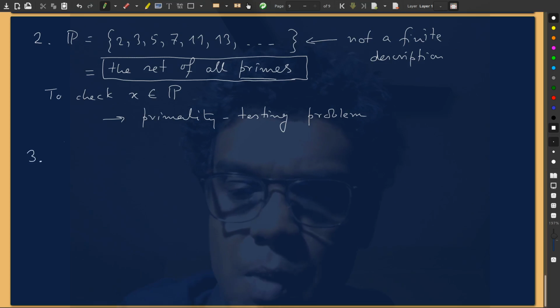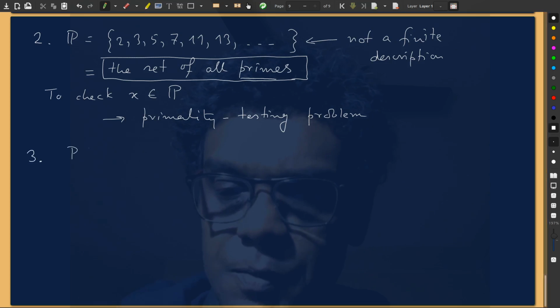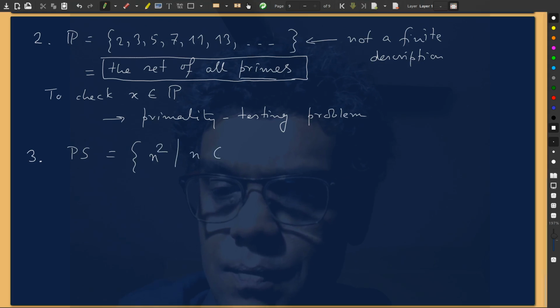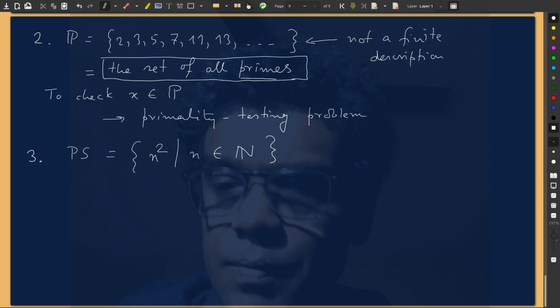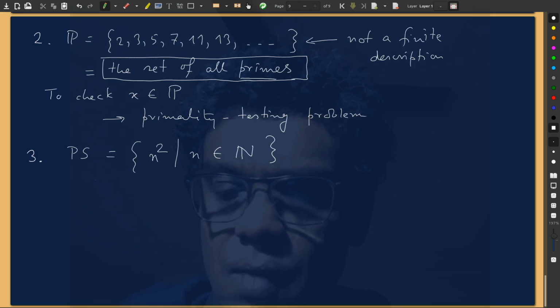Similarly, you may talk about perfect squares. This is a finite description, and how do you check the membership?